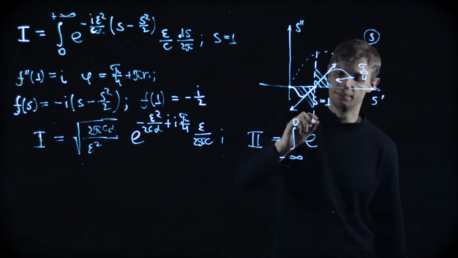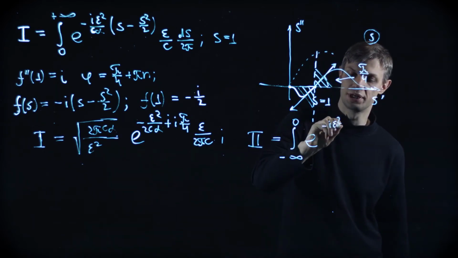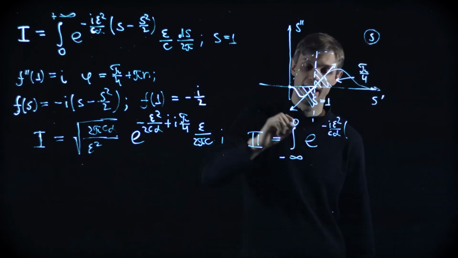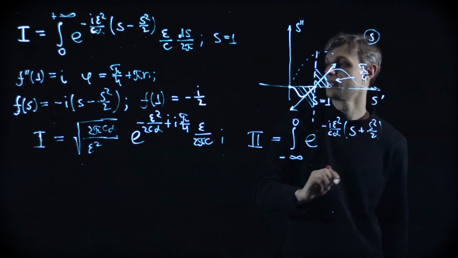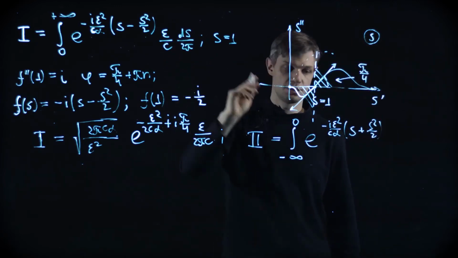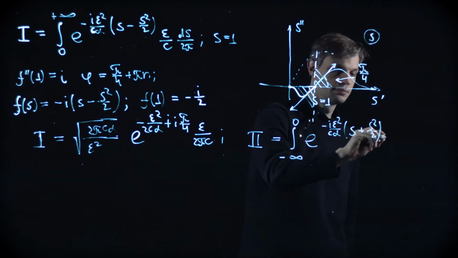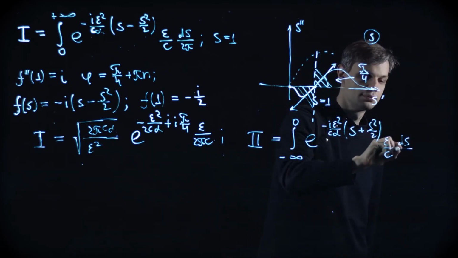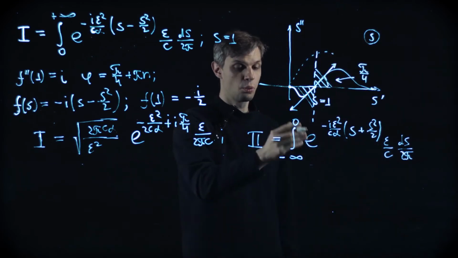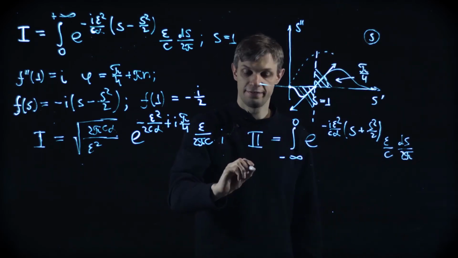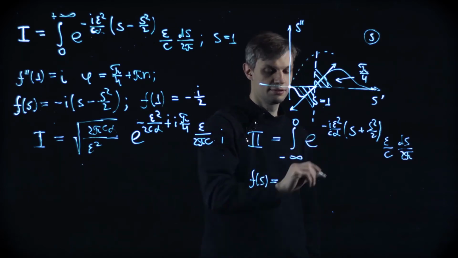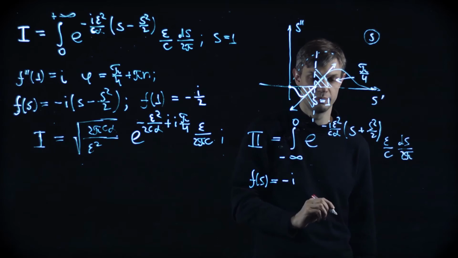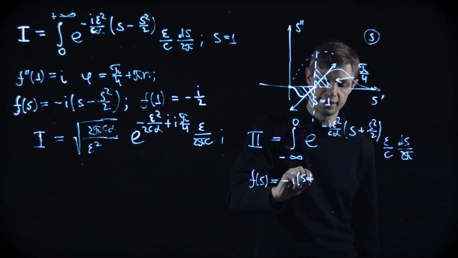So it's going to be like minus i epsilon squared over c alpha multiplied by s, this time plus s squared over 2. And again, epsilon over c ds over 2 pi. And again, we introduce our f function, f of s, now equal to, as before, minus i, s plus s squared over 2.